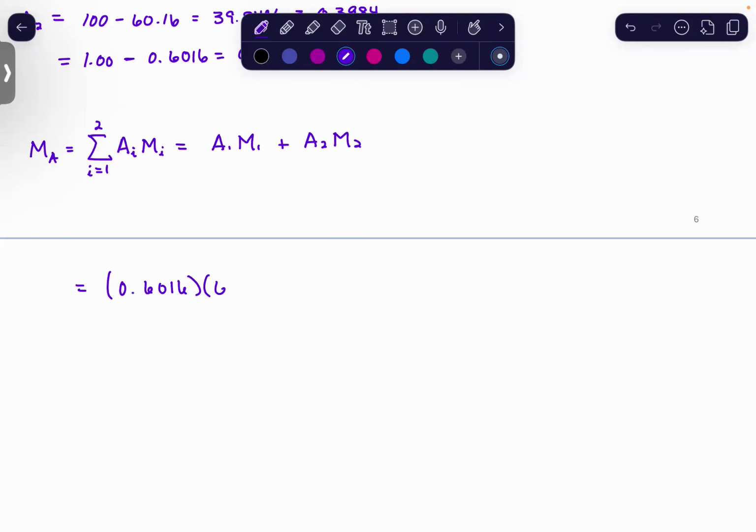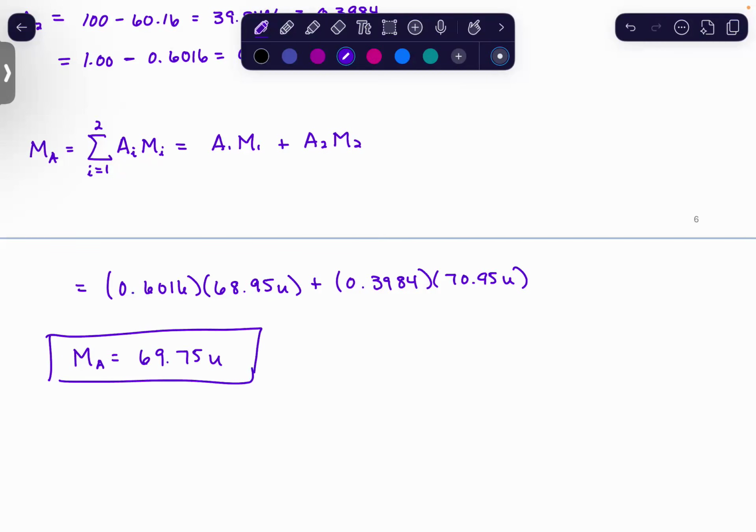Mass 1 is 68.95 U plus abundance 2, 0.3984, and our second mass is 70.95 U. And when you multiply and add this all up, your average atomic mass for gallium is going to be 69.75 U. You can check yourself with these because you can compare your average masses to the periodic table.